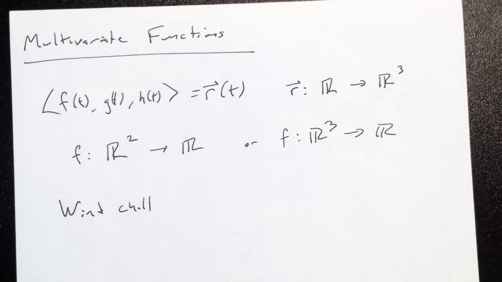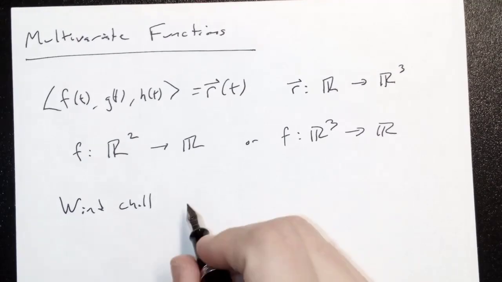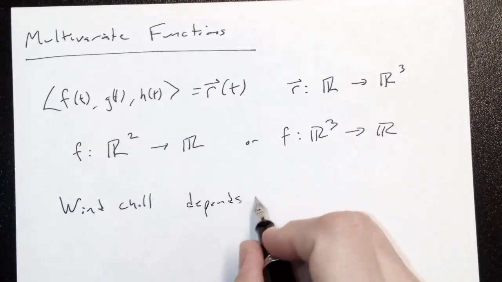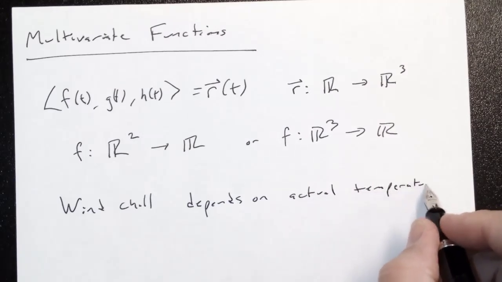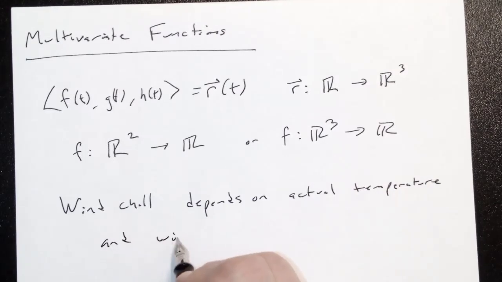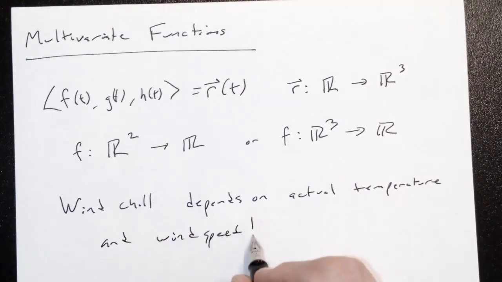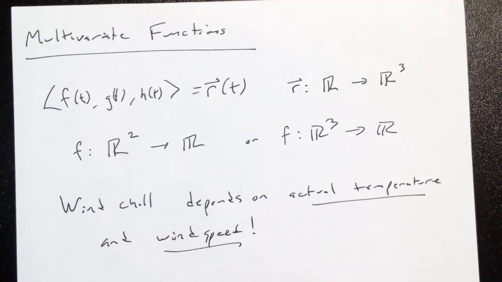It's a function of what the actual temperature is and a function of the wind speed. Two inputs, one output. And depending on the actual temperature and the speed, we get a different apparent temperature, the feeling outside.